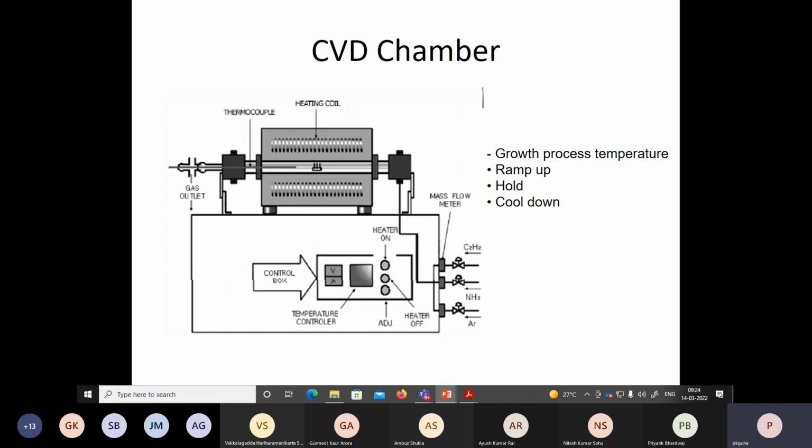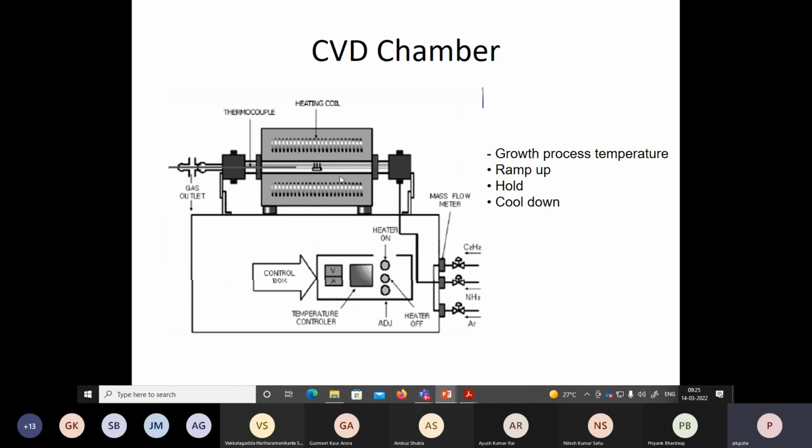arc discharge technique. Okay, so in this CVD chamber, what we have is a gas in the form of, for example, C2H2, which basically dissociates. We have a substrate or a wafer.